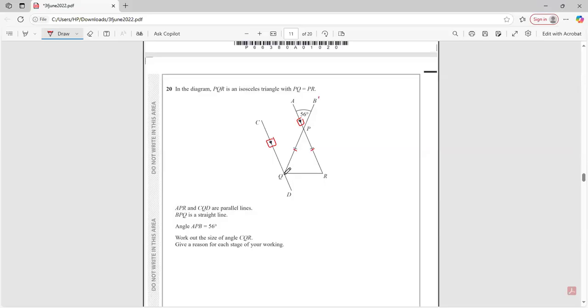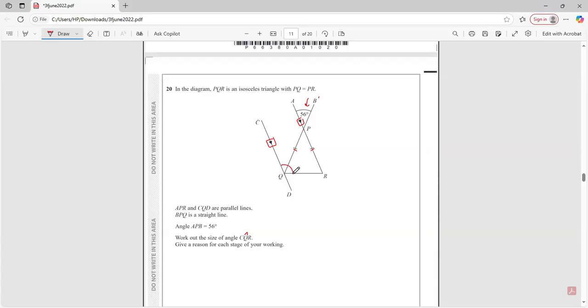BPQ is a straight line. Okay, quite obvious. Now, it tells us that angle APB is equal to 56 degrees, which is there. That's our angle there, 56 degrees. What next? It says, work out the size of angle CQR. That's Q, CQR. That means they want us to find this whole angle. Can you see that?